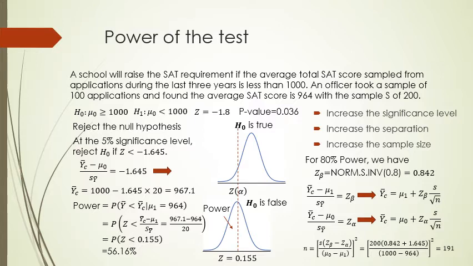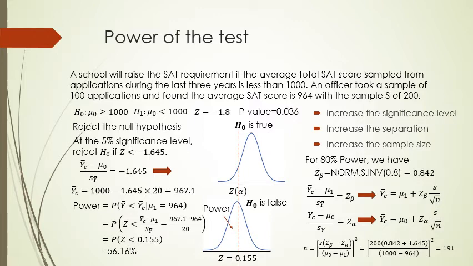As we already know, the test is a left-tailed test. At the 5% significance level, we will reject the null if z is less than minus 1.645. Thus, the red dashed line is at z equal to minus 1.645.